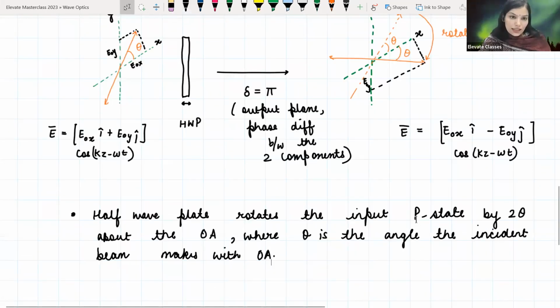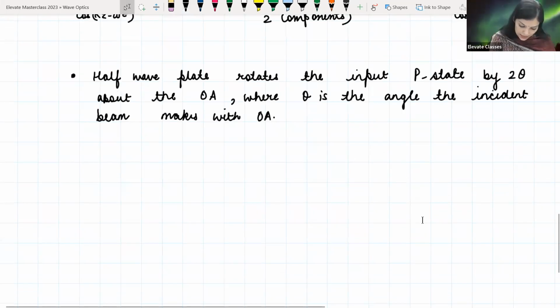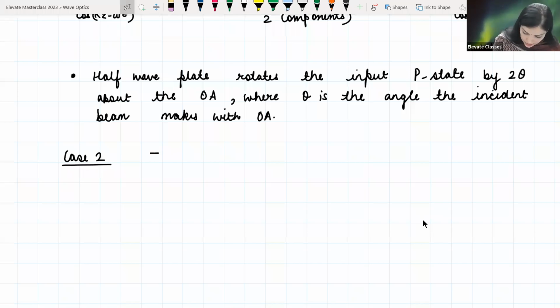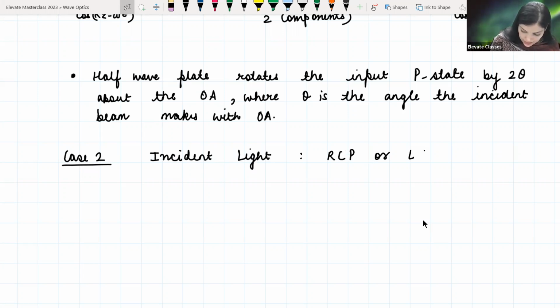The second case can be that my incident light is not a P state, but it is a circularly polarized light. So incident light on the half wave plate is now RCP or LCP. So it's either an R state or an L state, a circularly polarized light with right-handedness or left-handedness.